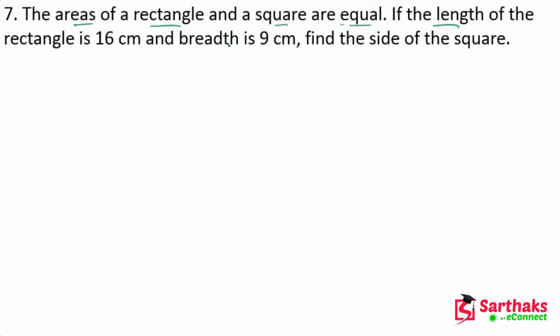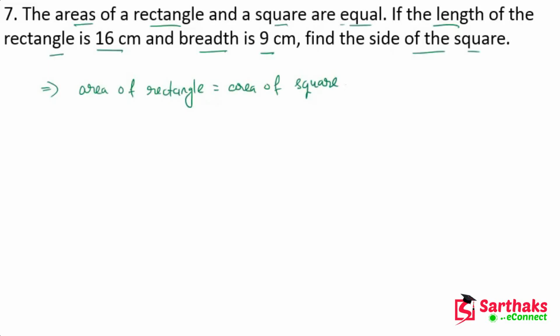If the length of the rectangle is 16 centimeter and the breadth is 9 centimeter, we have to find the side of the square. So it is given that the area of rectangle is equal to the area of square. The area of rectangle is length into breadth, and the area of square is side square.